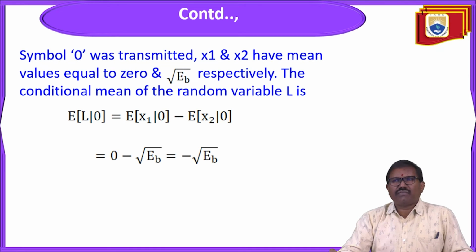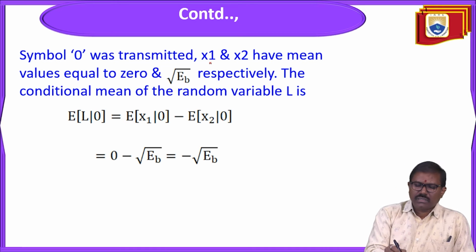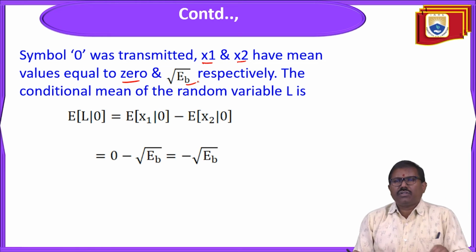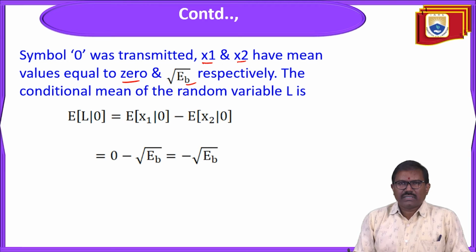So the conditional mean of the random variable L, expectation of L conditioned on 0, is equal to expectation of x1 conditioned on 0 minus expectation of x2 conditioned on 0. Here x1 is 0 and x2 is root Eb. Substituting these values, when symbol 0 was transmitted the conditional mean value is minus root Eb, whereas when 1 was transmitted it is root Eb.